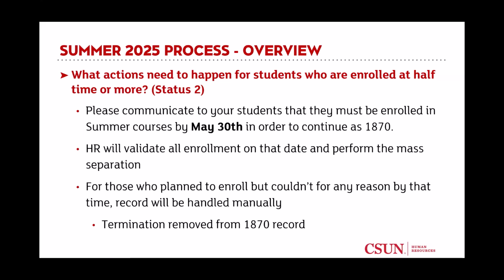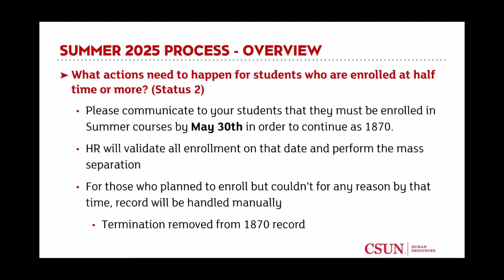We also have a roster listing available on the HR website, where you can find that out if you don't know who it is. But pretty much just try to work with us so we can remove the separation from the 1870 record, and we're able to validate the enrollment to show that they are actually at halftime.